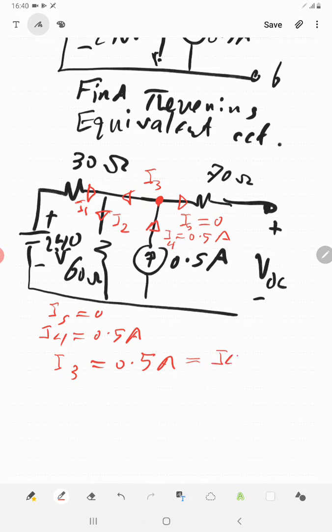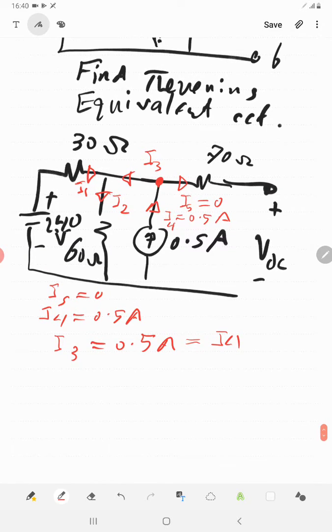Now, we know the relationship between I1 and I2. We know that I2 equals I1 plus I3. If we apply KCL to this node here, I3 will add to I1 and will come up to I2.